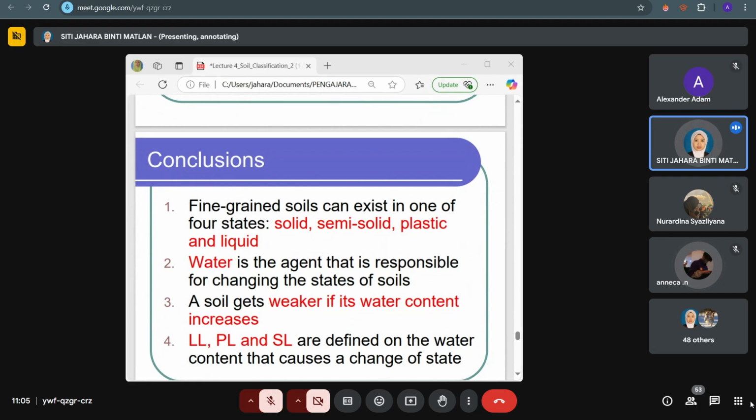Water is the agent responsible for changing the state of the soil from solid to liquid, and a soil gets weaker if its water content increases. We can refer to the curve for this. LL, PL, and SL are defined on the water content that causes changes of state.